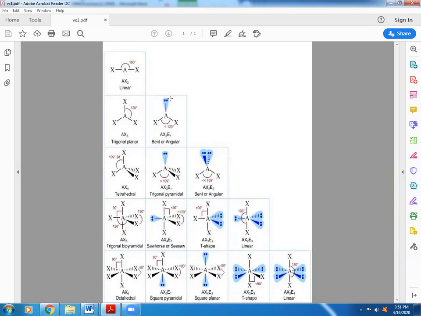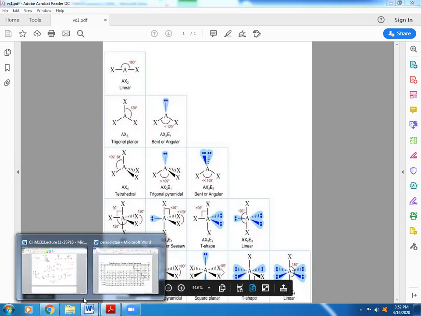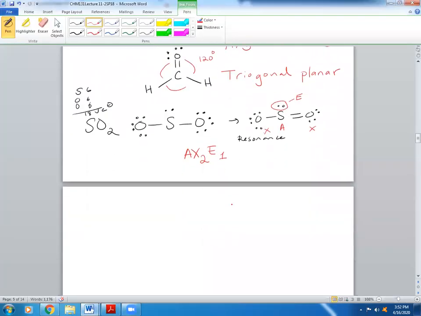Now, you do not have to draw a line to the lone pair like it's shown here. I know this can be confusing. You can just put the lone pair on the top. Watch how I'm going to show you. So this is called angular or bent. We're going to use bent. And for the angle, we're just going to say it's less than 120.